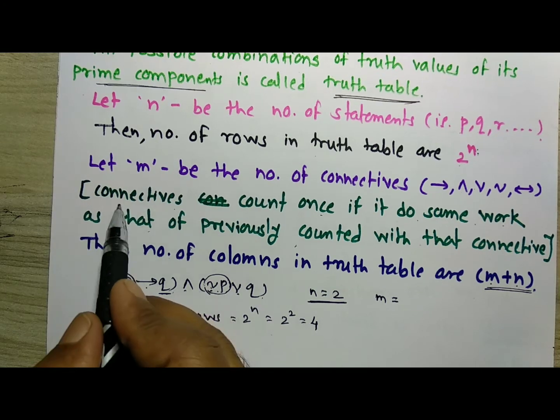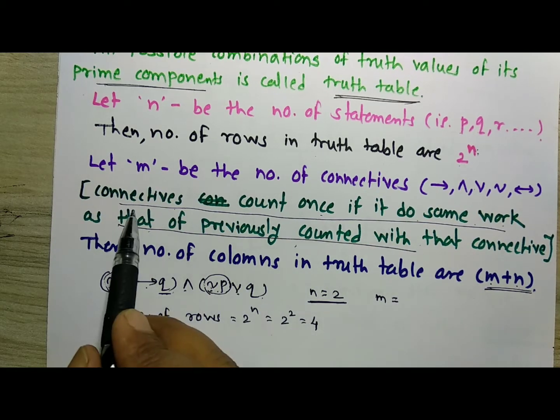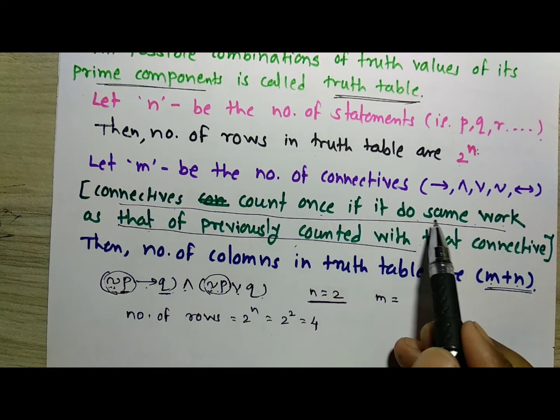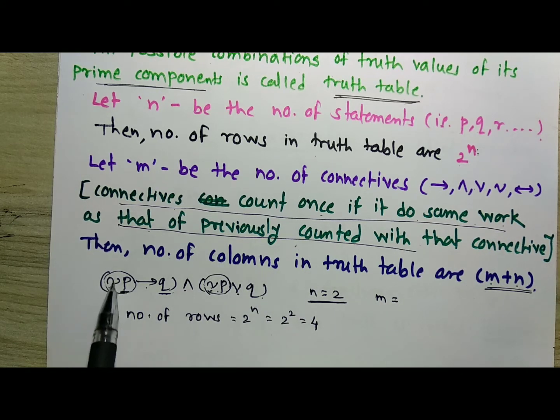This is the meaning of that sentence: a connective is counted once if it does the same work as a previously counted connective. Negation was counted previously, so it is not counted again, and therefore the number of connectives is 1, 2, 3, 4, so m is equal to 4.